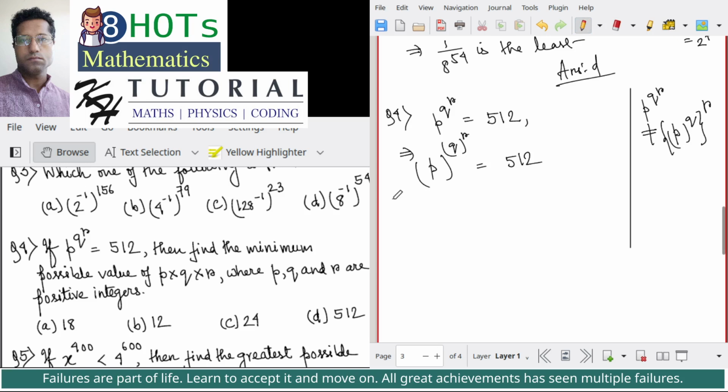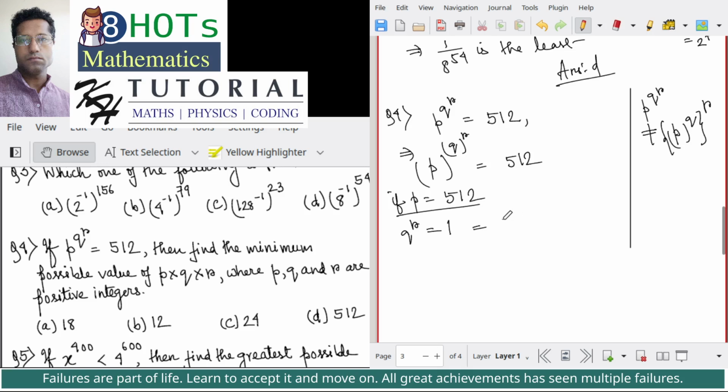Let's say if p is 512, then q to the power r has to be equal to 1. Now what can the possible values of q and r be, so that q to the power r is equal to 1?